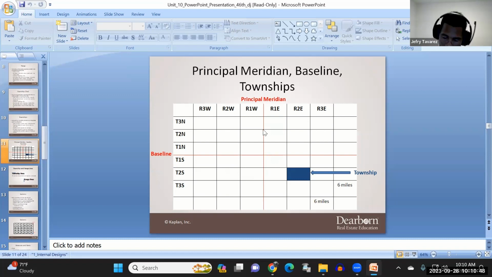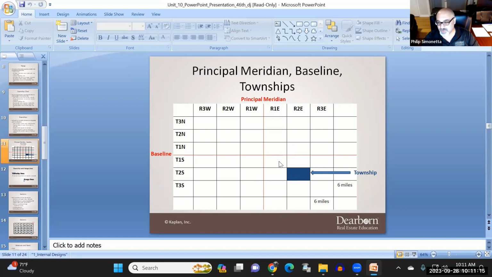Okay, good. So if the question tells you T2 south, R2E, you gotta see this in your head. It's over here, right? And they may ask you, if township T2 south, R2E, what's below it? Well, it's T2 south, R3E, right?